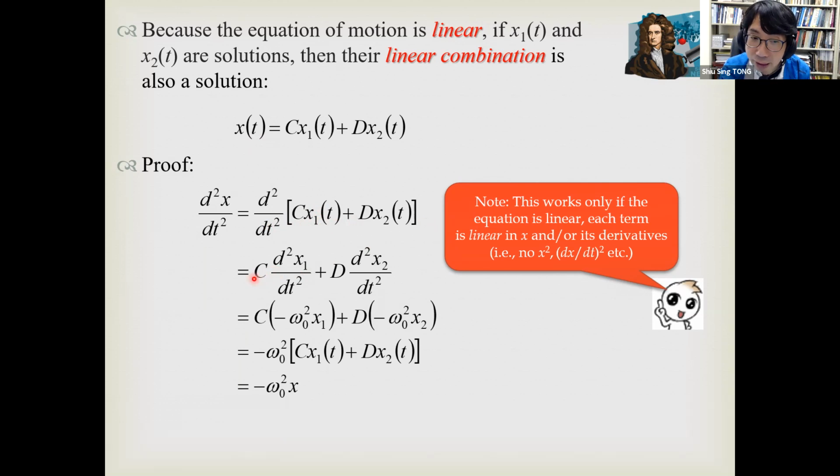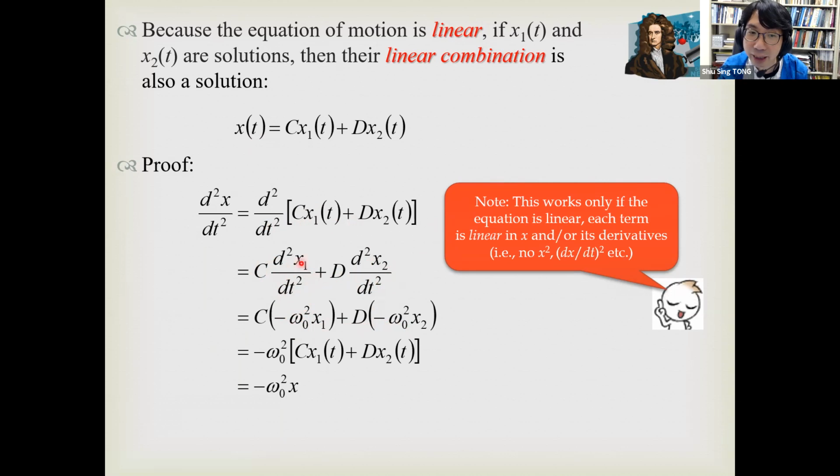So I have c multiplied by the second derivative of x1 plus d multiplied by the second derivative of x2. But since x1 and x2 are both solutions to the differential equation, the second derivative of x1 or x2 will give you back x1 and x2, but with a constant minus omega naught squared in front.